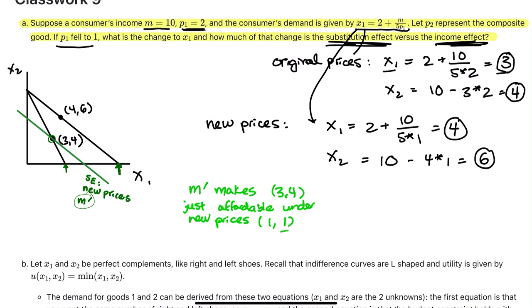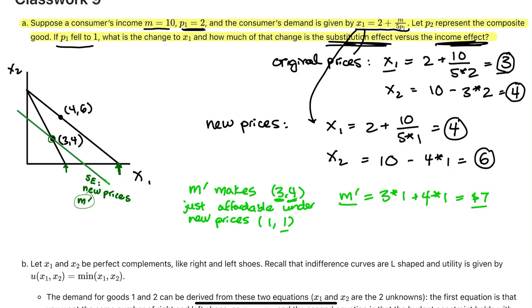So to figure out what M prime is going to be, we're buying 3 units of good 1 at a price of 1 times 1 plus 4 units of good 2 at a price of 1. So 4 times 1 is $7. We need to reduce our income to $7 and then see what happens to our demand at these new prices.